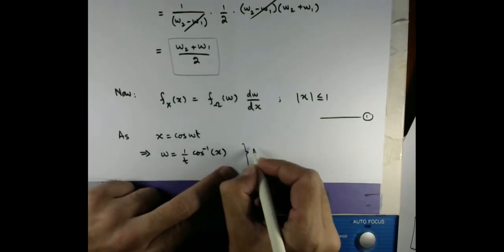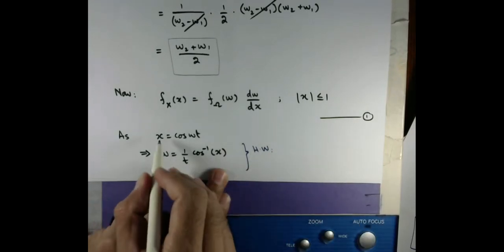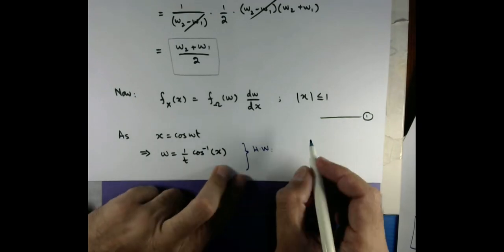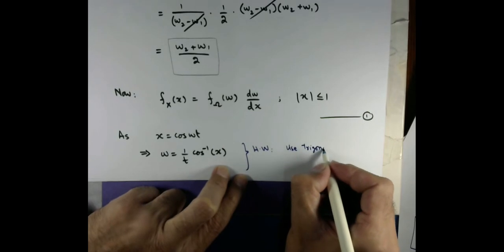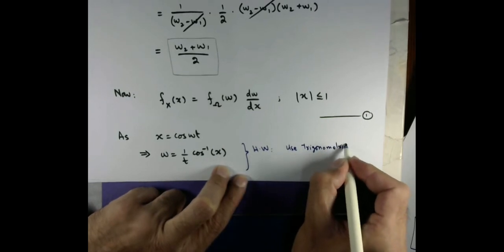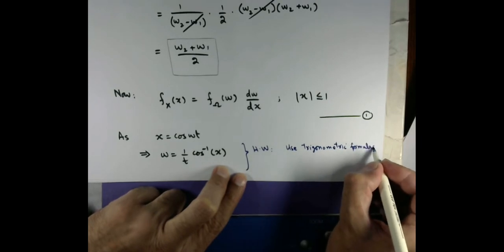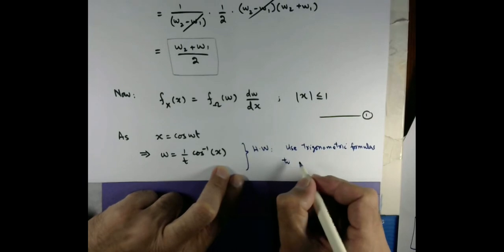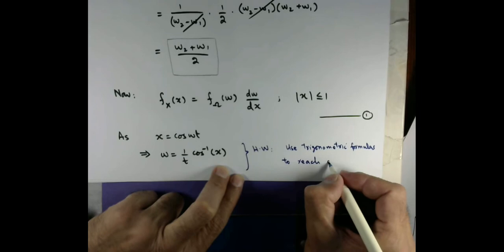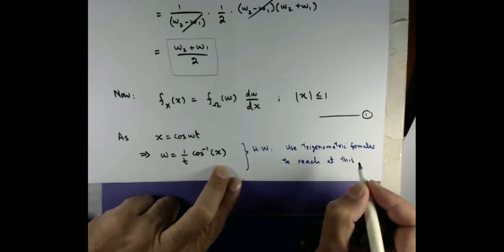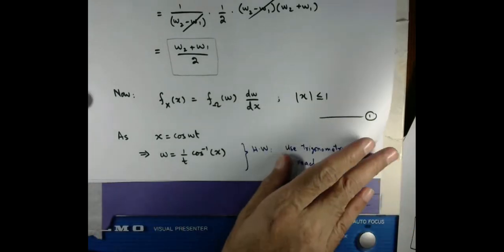So please, as homework, you need to arrive from here till here. Use trigonometric formulas to reach this from here till here. This should not be difficult for you.